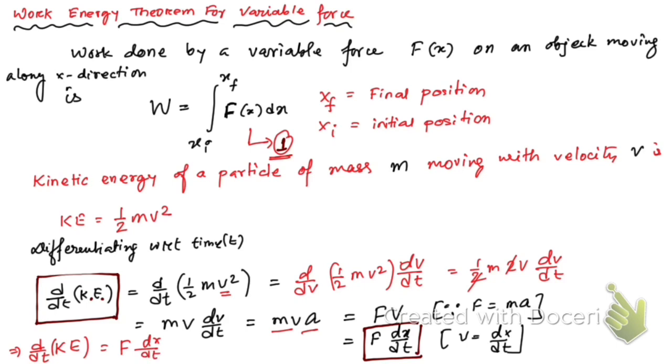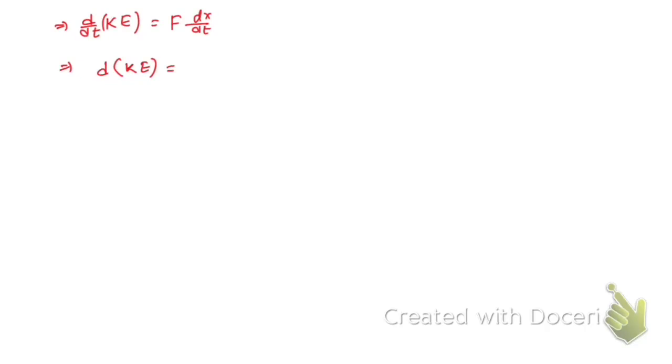So that's what we have got. Now let me copy this last step and go to a new slide. So here is the new slide. This is the last step we have got. So this implies nothing but dKE, that is kinetic energy, equals F dx, right?